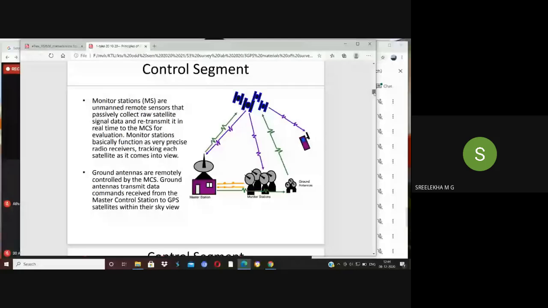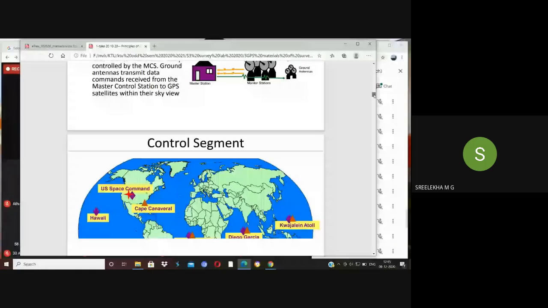So the satellites are able to collect the features by means of this mechanism. Here it shows the different stations of the control segment.